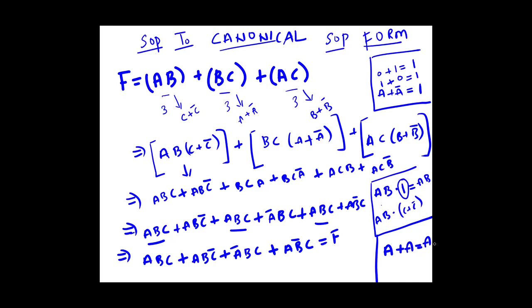So A plus A is equal to A. Consider this whole term to be A, this whole term A, and this whole term A. If we have 3 same terms repeating, A plus A is A, and again A plus A is A. So I am writing this just once. So this is the final answer I got. That is how to convert SOP form to canonical SOP form.